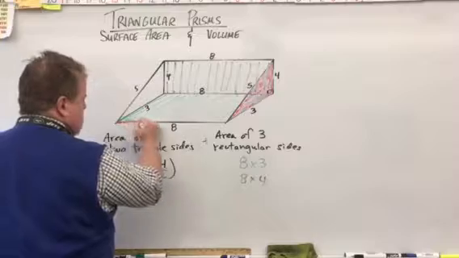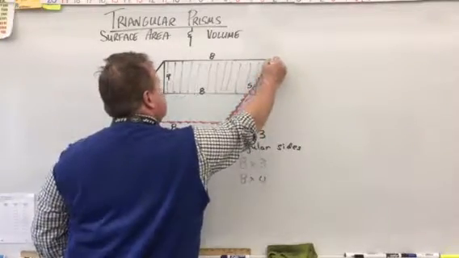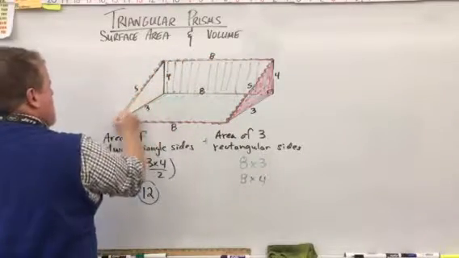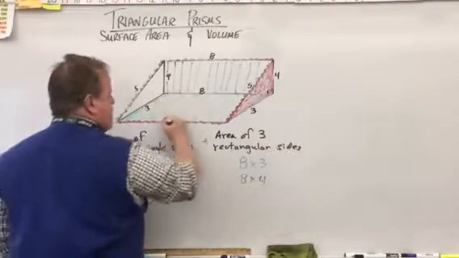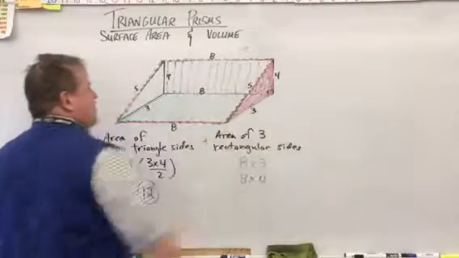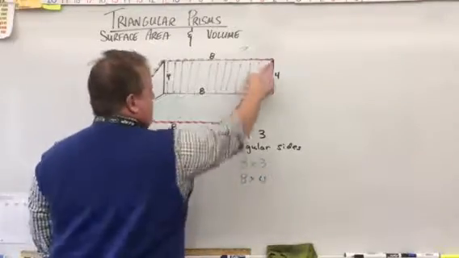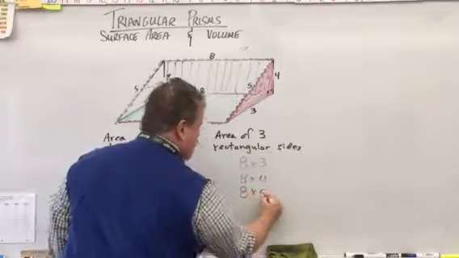I'm going to highlight this one a little bit differently, just so it doesn't have too many overlapping colors. I'm hoping you can see that that's kind of the front side. It's almost like a ramp that you're riding a bike over or something like that. But this rectangle is 8 by 5. So those are the three rectangles.